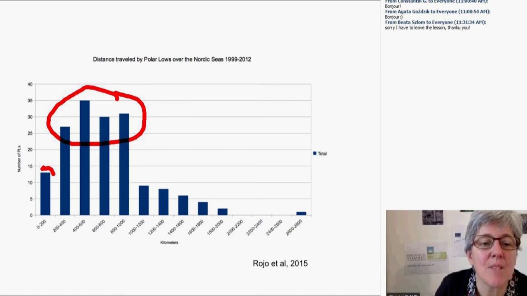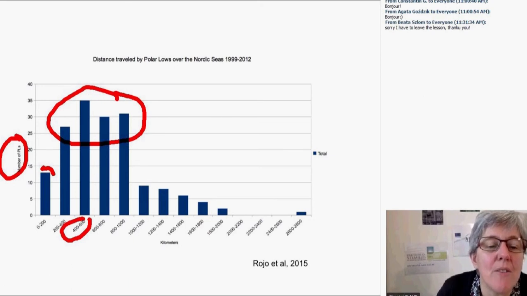This is the same system as before: number of polar lows for a given distance traveled.